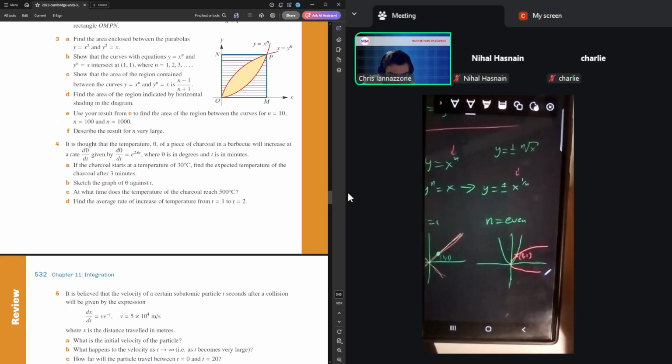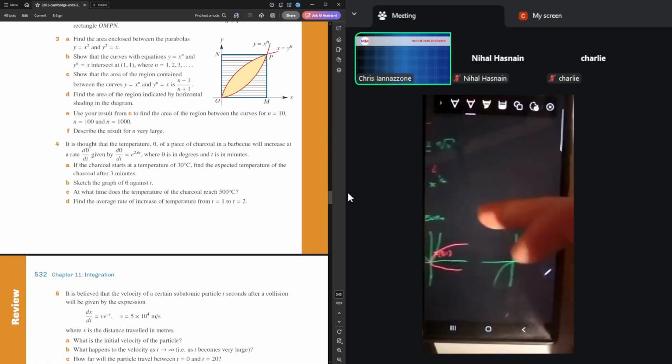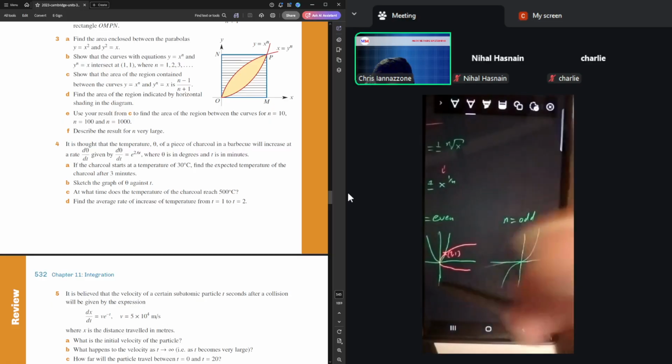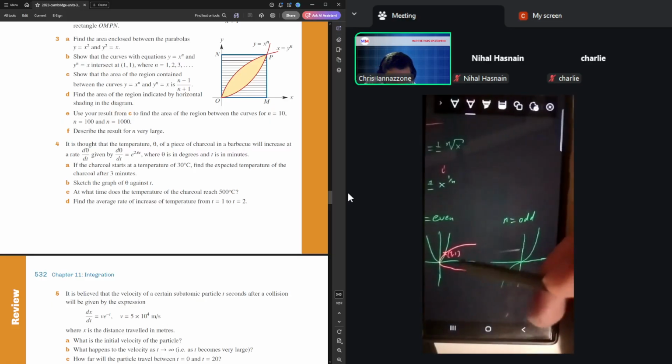We're proving that they're going to both intersect at 1, 1, always. For n odd, hopefully by identifying the overall idea you can figure out what's going to happen. You now have the cube root or the fifth root, and so forth. The cube root graph still has the root kind of shape, but it now also has a negative tail.